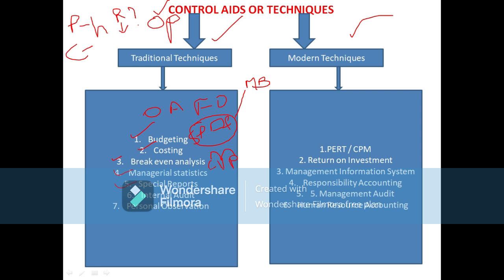And internal audit. What does internal audit mean? Internal audit is an audit conducted by special staff appointed for auditing purpose only. It is also called operational audit.